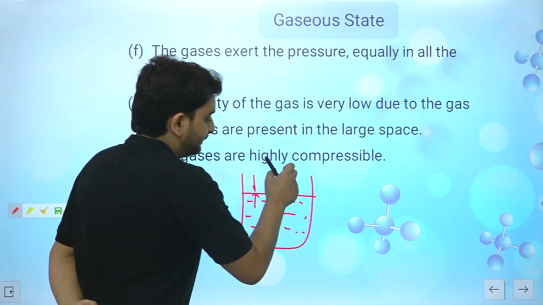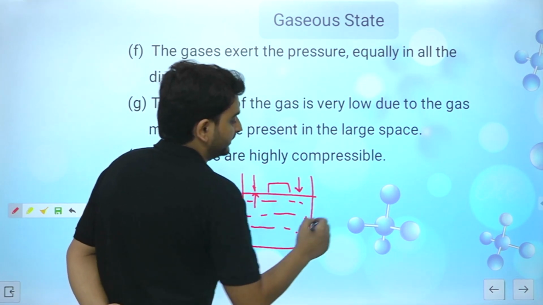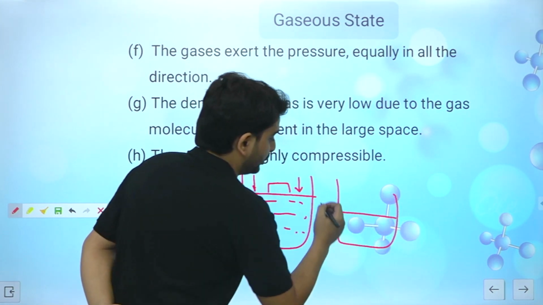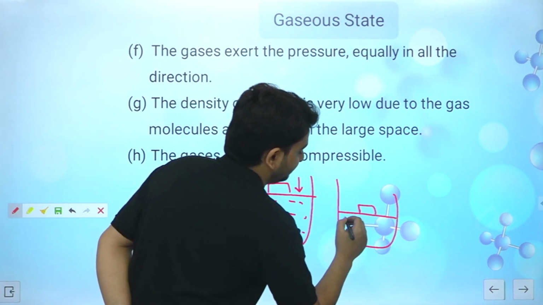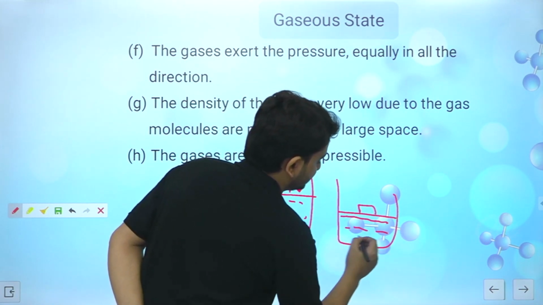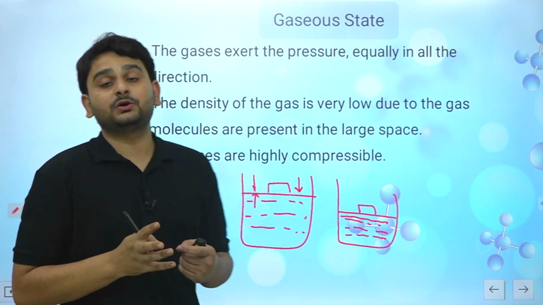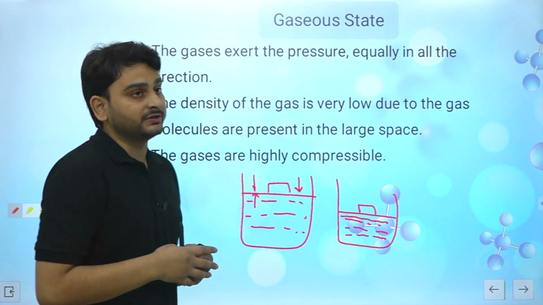But if we press the piston down, we exert more pressure over here. What will happen is the volume will shrink, right? The entire piston system will move down, right? So these gas molecules will become compressed, or they will occupy lesser volume on application of pressure, right?